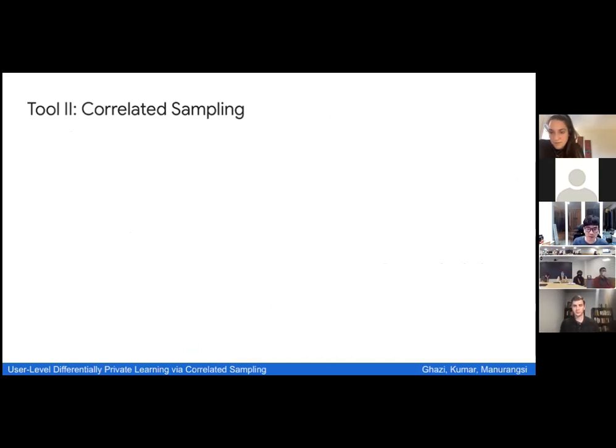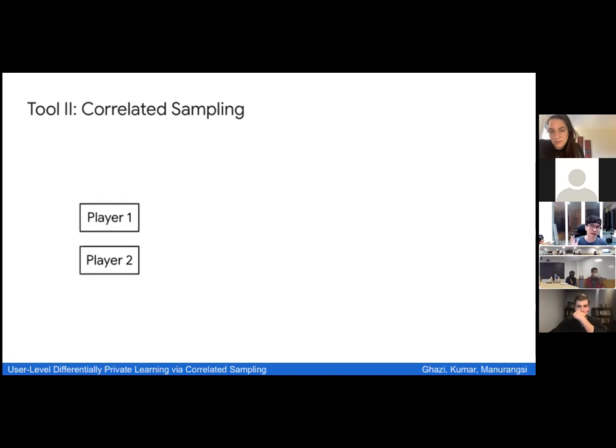Many of you might have seen correlated sampling before, but just to remind you, in the correlated sampling setting there are two parties, and each party holds a distribution, mu and mu prime. If you haven't seen it before, you can think of mu and mu prime as distributions that are close in total variation distance, but not exactly the same.